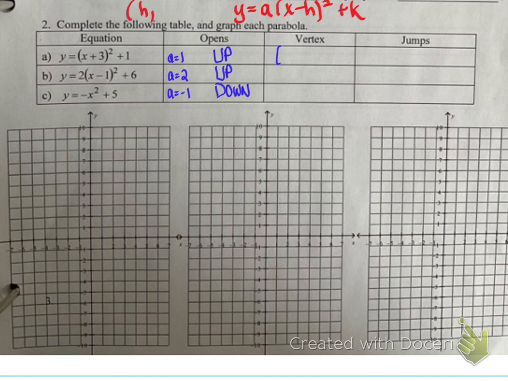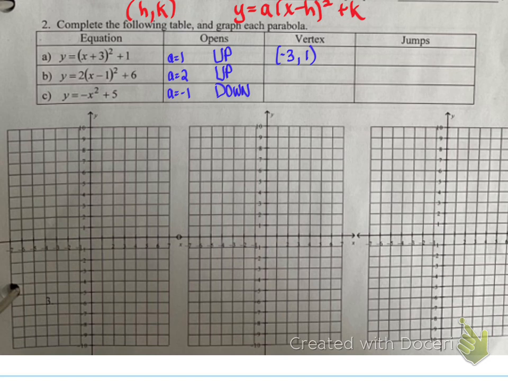That is the opposite of what's inside the brackets, and then k is the number after the square. So in here, we're looking at the opposite of the inside of that bracket. The opposite of +3 is -3. -3 is my h, and my k is the number that's after the square. That is +1. So -3, 1 is my vertex.